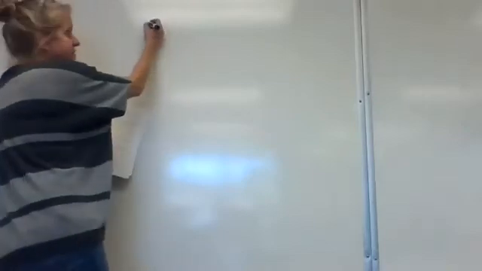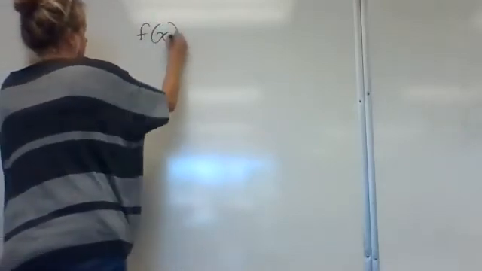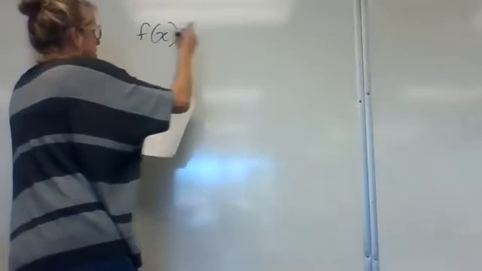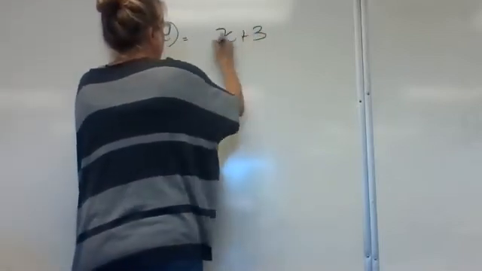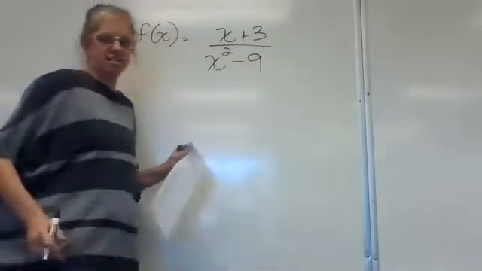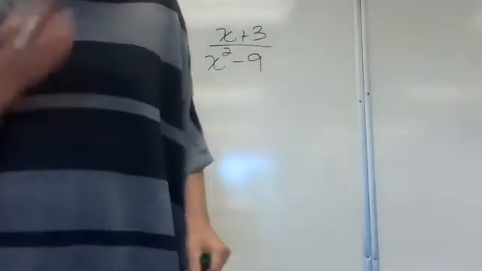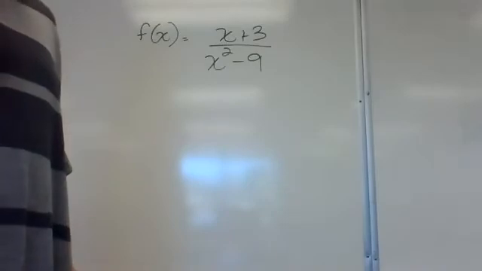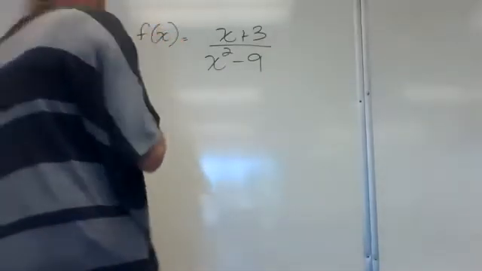15. My function is f of x equals x plus 3 over x squared minus 9. Just like I said, I'm going to find the zeros of both.